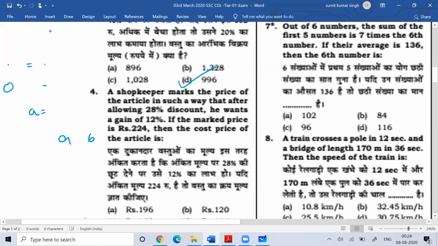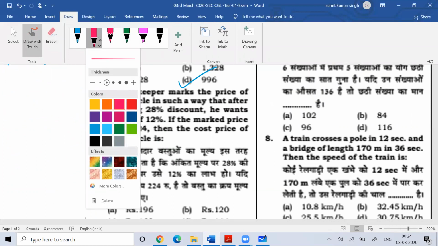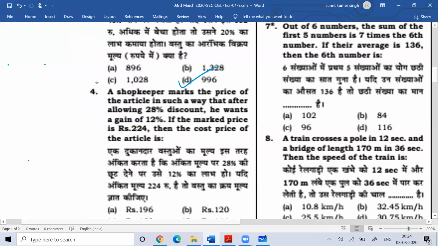So what is given in this problem is that the mark price is 224, and on that he is giving 28% discount. So he is selling for 100 minus 28, that means 72%.